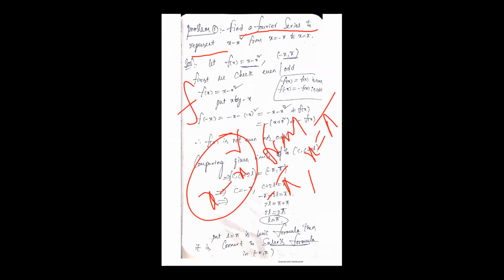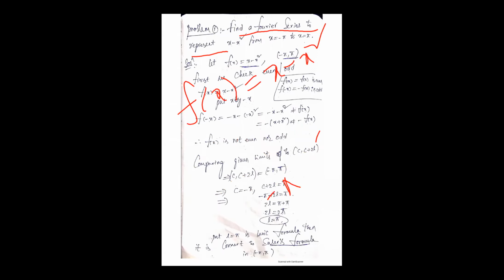Okay, the first problem. Observe that the statement of the first problem is: find a Fourier series to represent x minus x square from the limits x equal to minus pi to x equal to pi. So the given function x minus x square we take as f of x, and the limits start from minus pi and end at pi.